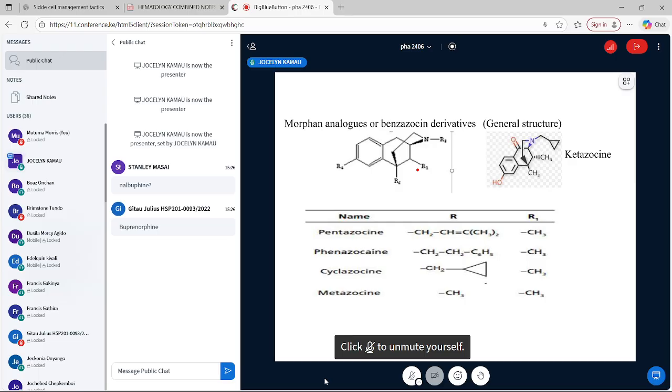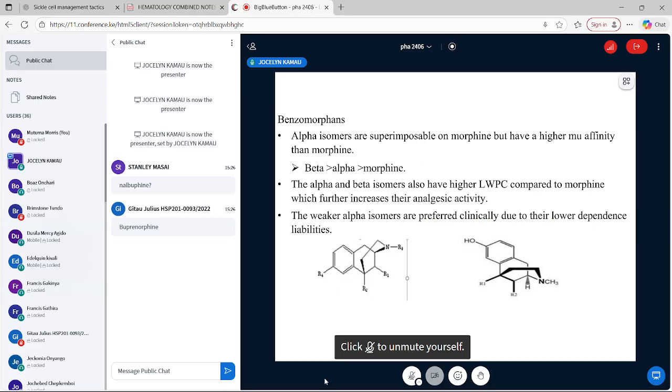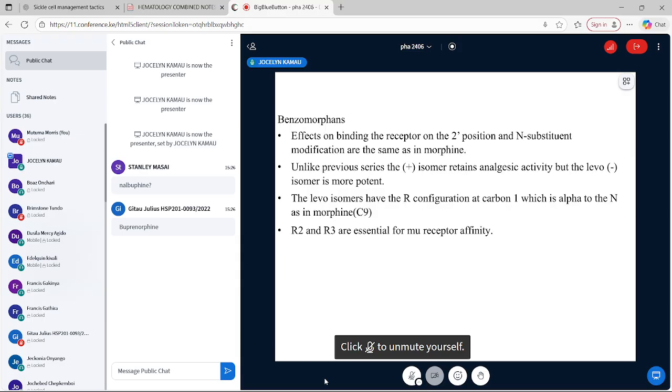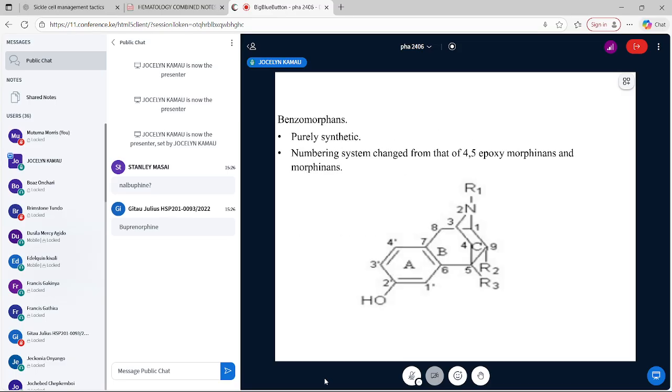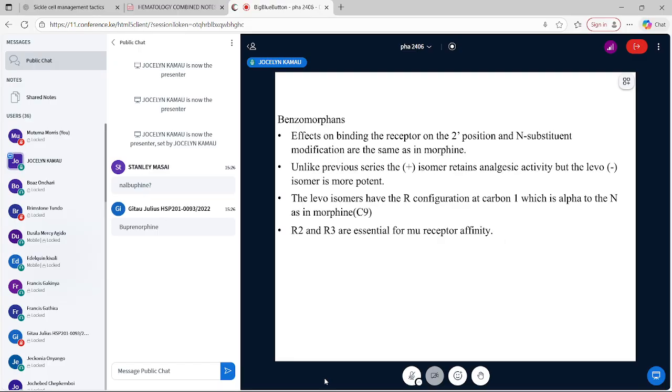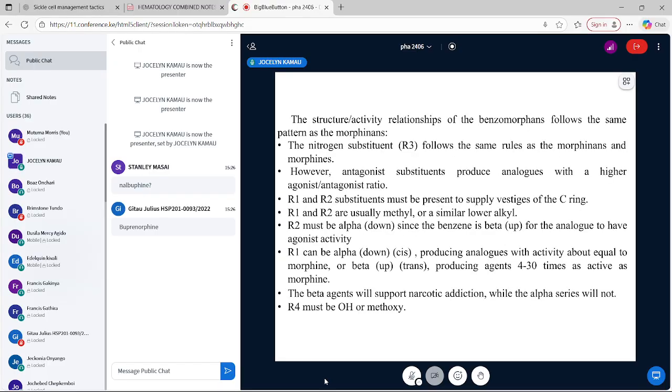Yes, I think I'm looking at this one where you have R1 and R2. But note, we are calling them R1 and R2 here, and in the other one we are calling them R2 and R3. So they are the same. That's why I said sometimes they're given different names.